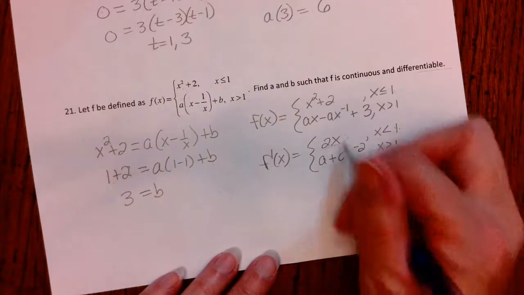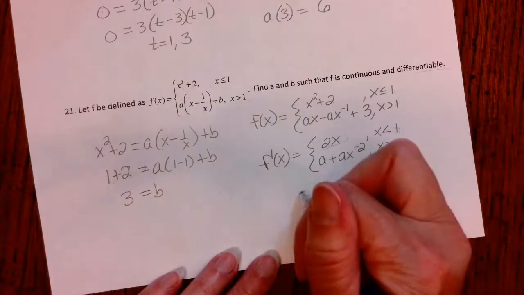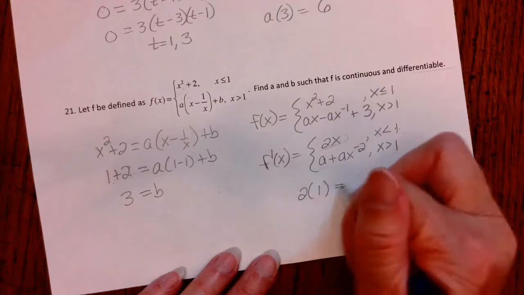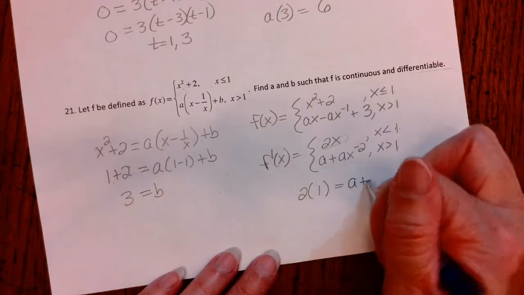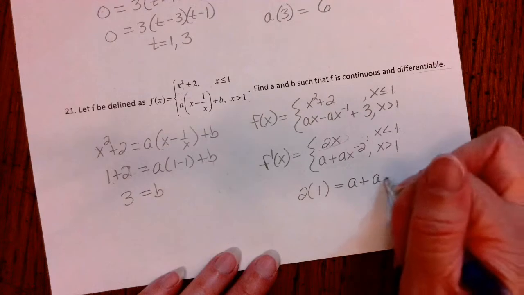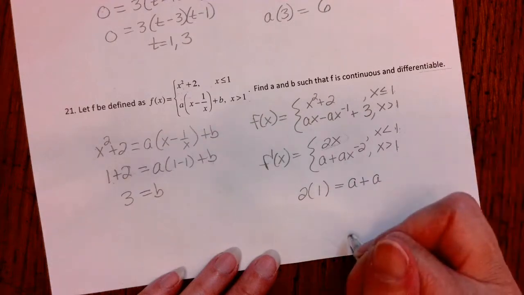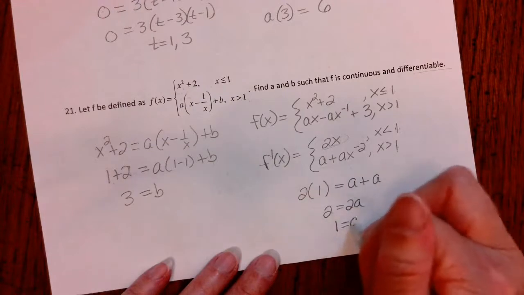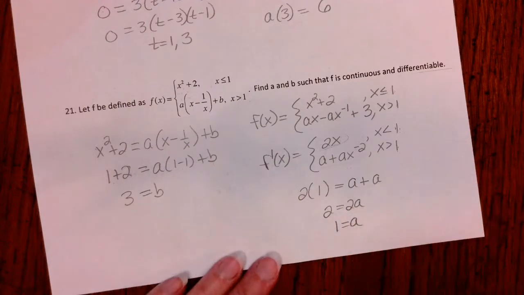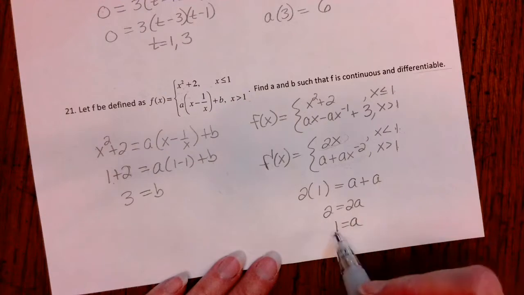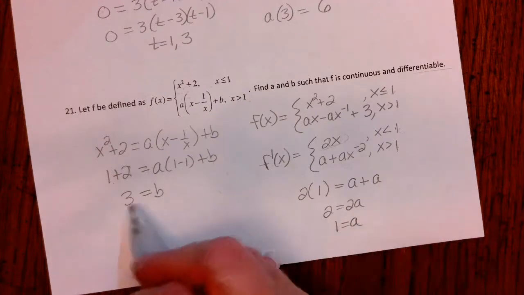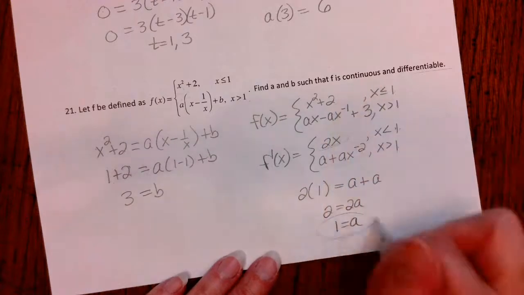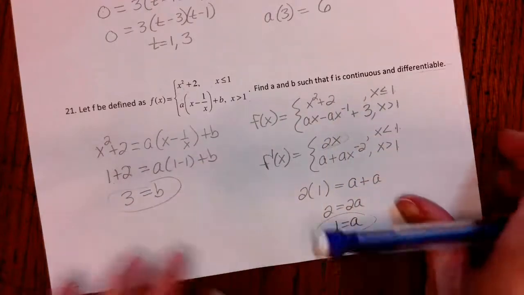I'm going to take my two pieces and plug in the 1 to see. 2 times 1 is equal to a plus a times 1, which is a. I get 2 is equal to 2a, 1 is equal to a. So when a is 1 and b is 3, then my function f is continuous and differentiable.